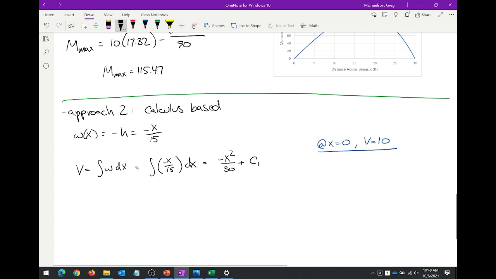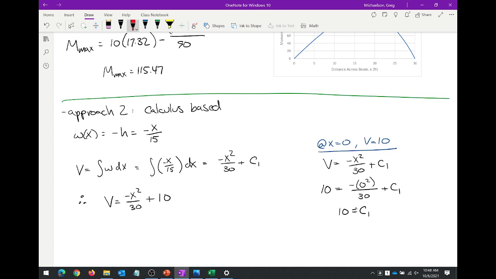V equals negative x squared over 30 plus c1. So 10 equals negative 0 squared over 30 plus c1. So 10 equals c1. Or v equals negative x squared over 30 plus 10. Is that the same thing as this? By golly gosh gee, yes it is.